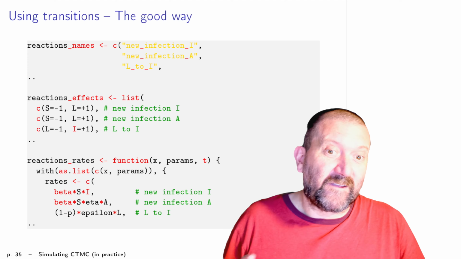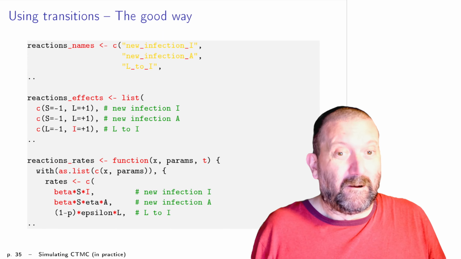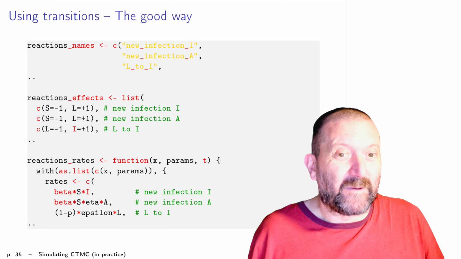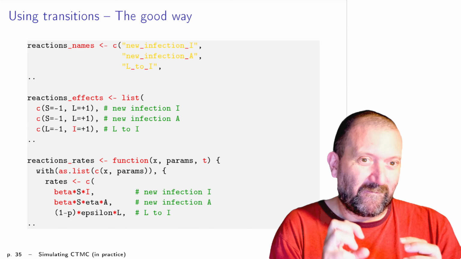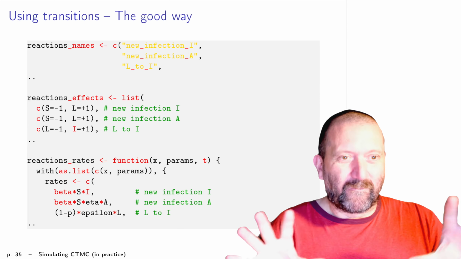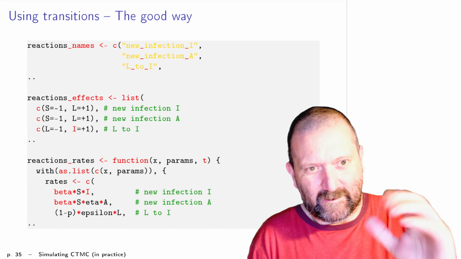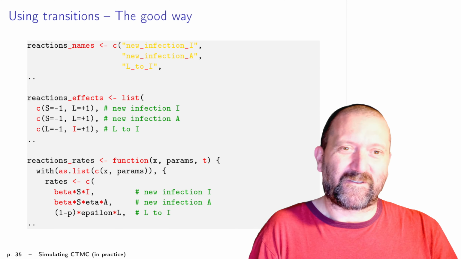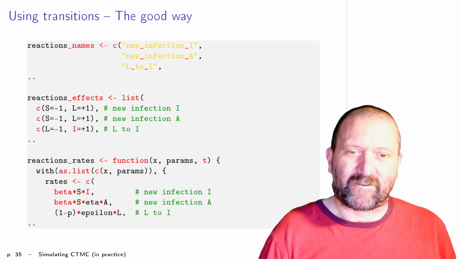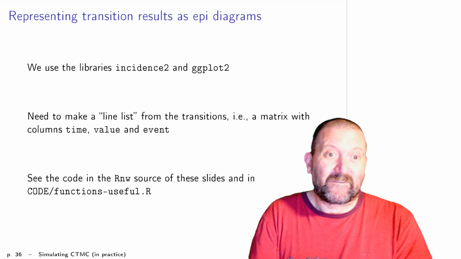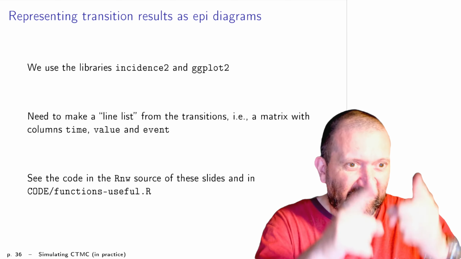But the rates at which these things happen depend, for infection by I, on I, and for infection by A, on A. So I've split the sum that I had in the previous slide into the part of the sum that corresponds to infection by a symptomatically infectious individual, and the part that corresponds to infection by an asymptomatically infectious individual. That means that when I'm looking at my solutions, I'll be able to distinguish them.